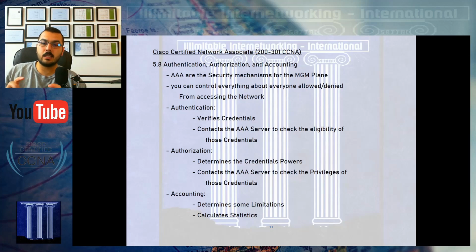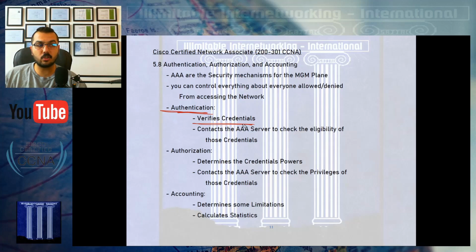So the decision to grant such credentials or not is called authentication. So delete the word grant and say authenticate. This AAA server will authenticate this username and password, or those credentials, to access this specific device in your network. So the first A of the AAA is called authentication.